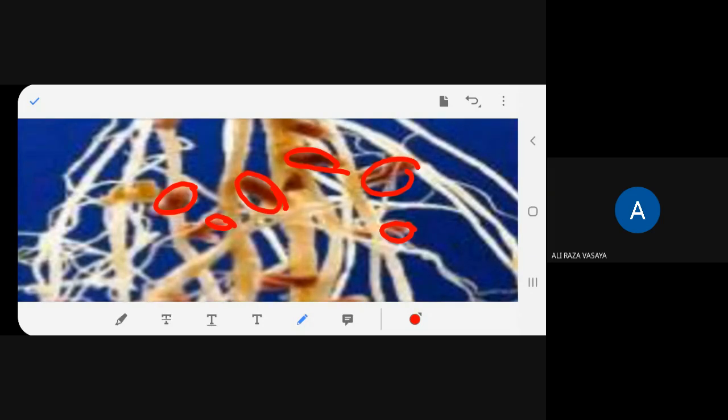Give me the name of that bacterium. Rhizobium. Exactly, it is the rhizobium bacterium, which lives over here. Got it? And what relationship is it showing, beta?